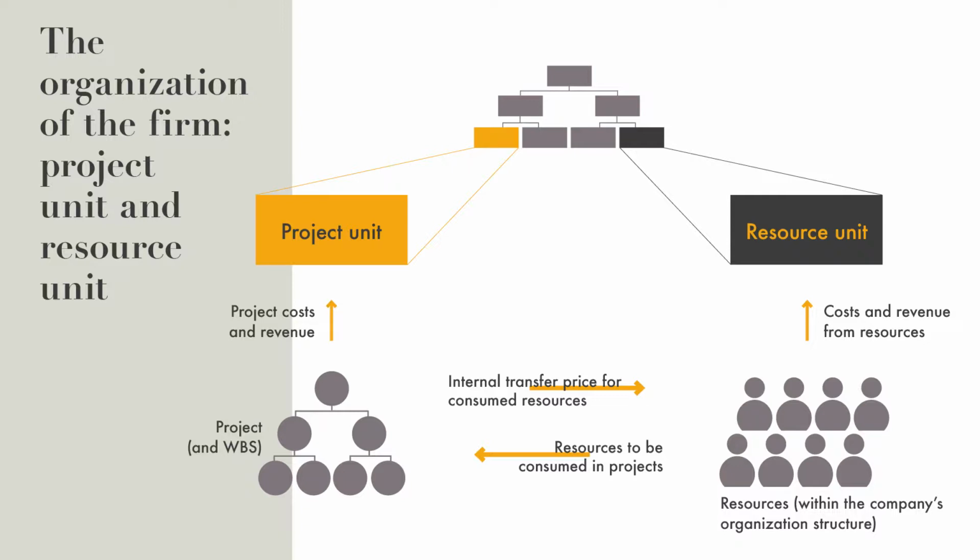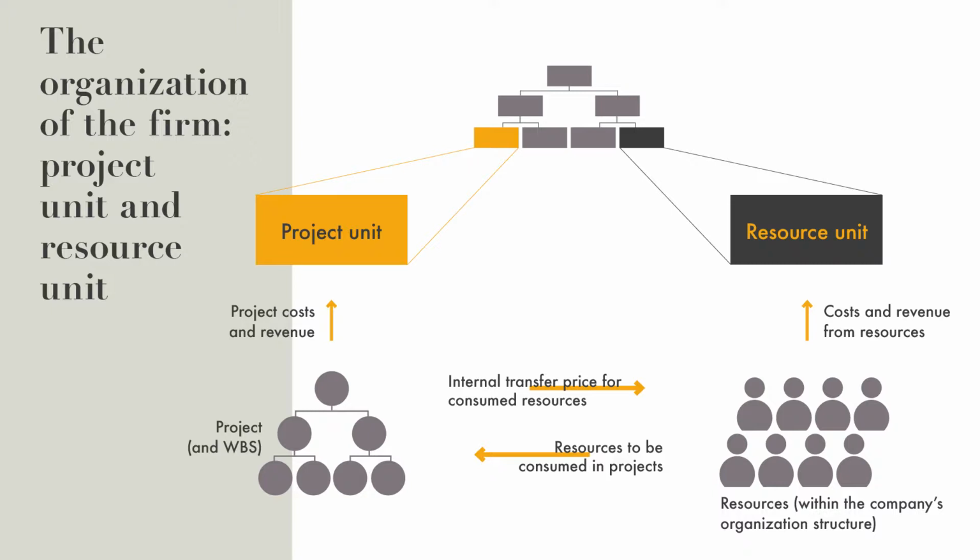The firm's organization includes two parts. There is the project unit that owns the projects. And in this picture, the work breakdown structure of a project is now connected to the project unit to indicate that this project is owned by the project unit. And then there is the resource unit. People are important resources that participate in doing the projects.